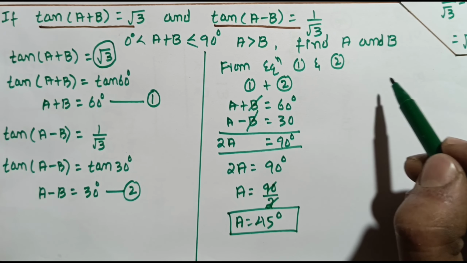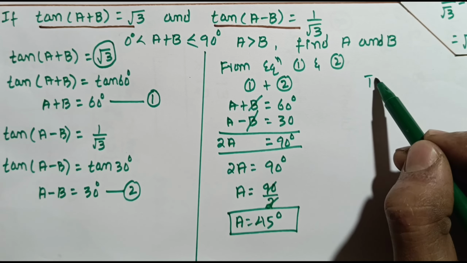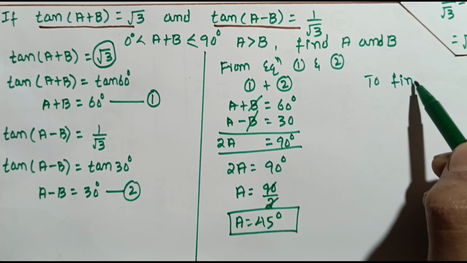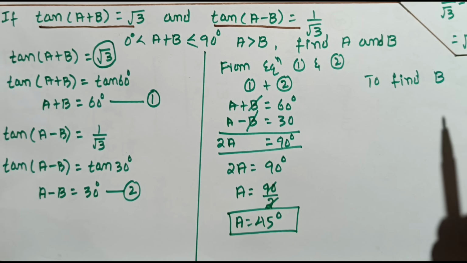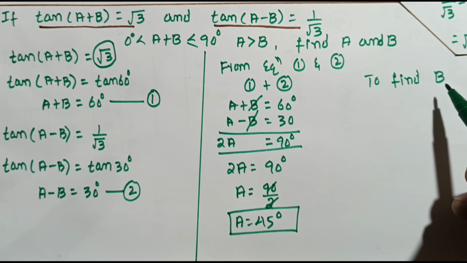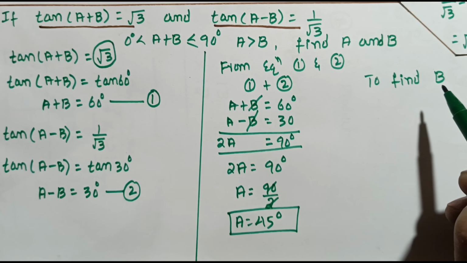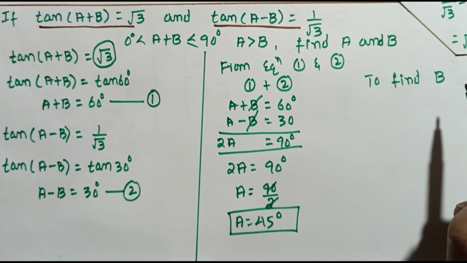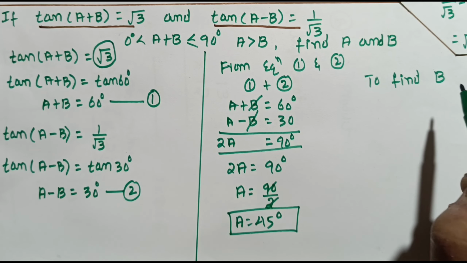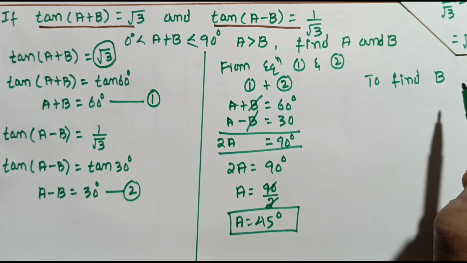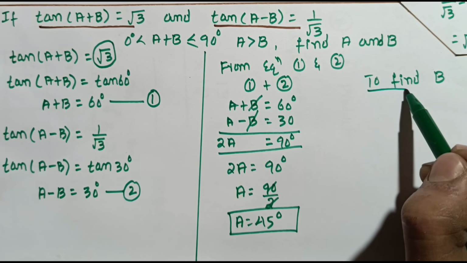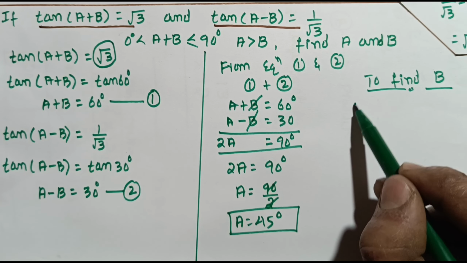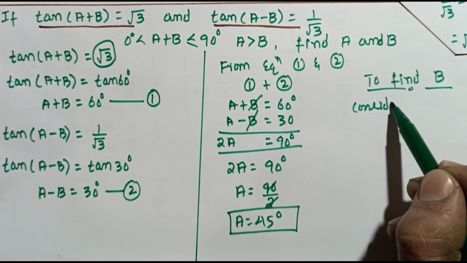Now we need to find out the b value. To find b, you can take any one equation and substitute that value in equation 1 or in equation 2, then you will get the b value. Here I will consider equation 2.